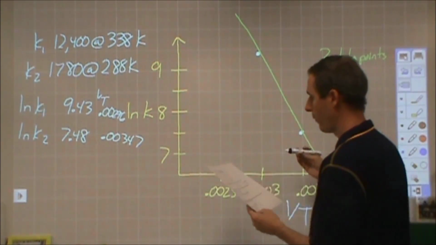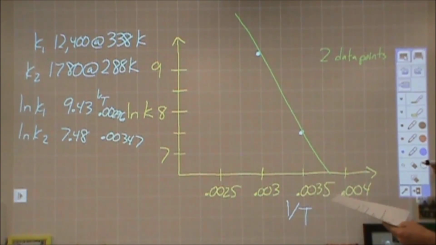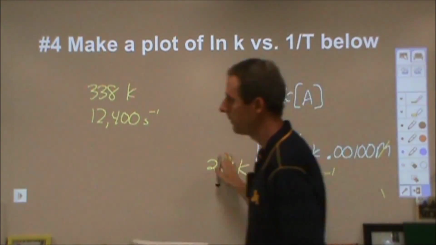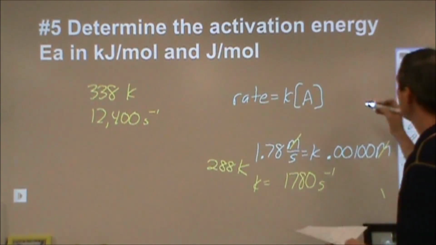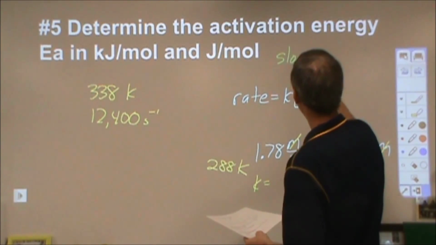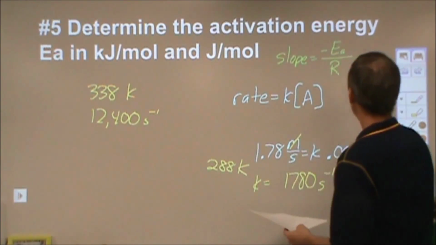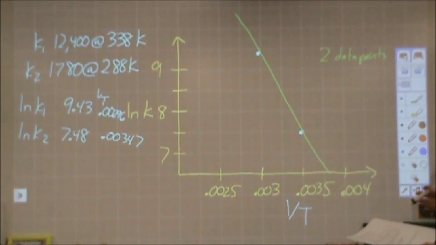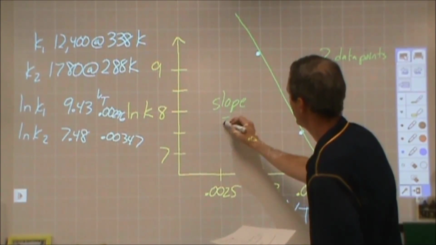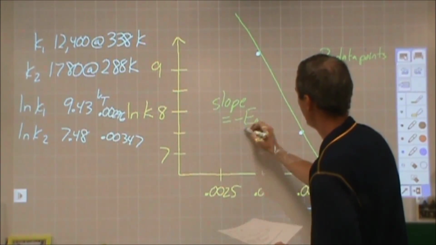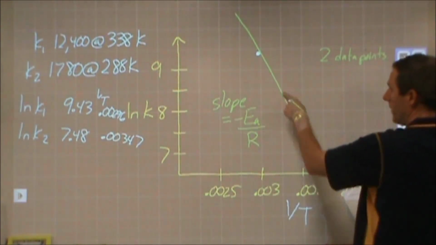Here's number 4, but number 5 says to determine the activation energy in joules per mole and kilojoules per mole. We've done the plot, so now we're moving on to this. The slope of that plot is equal to the negative activation energy divided by R. So we need to find the slope. It's going to be negative, since it's decreasing.